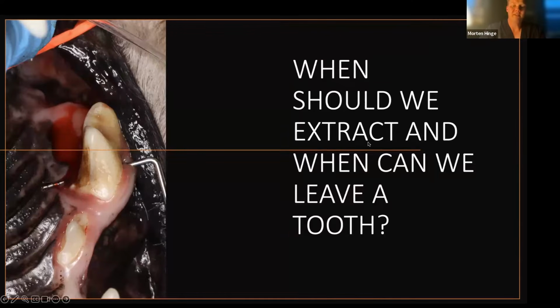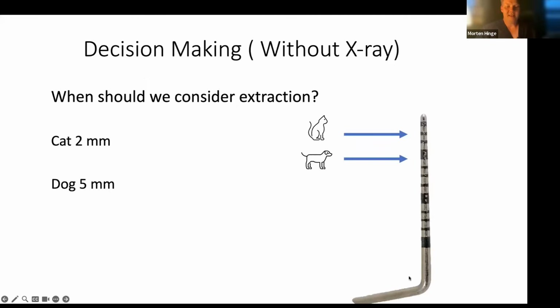So when should we extract the tooth and when can we leave it? So let's just say that you don't have X-ray and you need some sort of measurement to say, okay, this is when we should start considering extracting a tooth with periodontitis. When you have a cat and you have a 2 millimeter pocket, that's nothing, right? But in a cat, it's actually a lot.